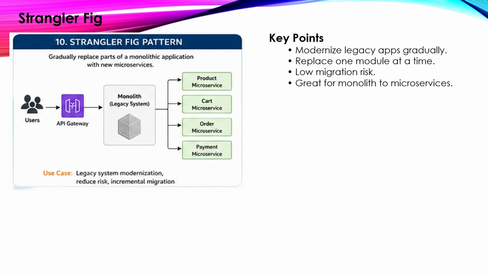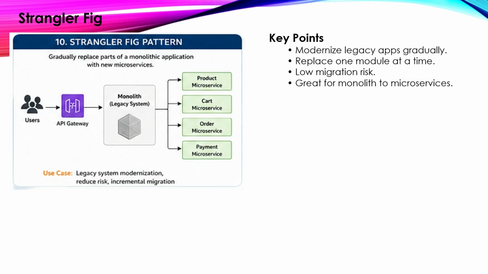The last one, Strangler Fig. This is also one of the good architecture patterns when we are migrating a legacy system into a modern architecture. So for example, Amazon was not built in a single day, right? Large companies often have a legacy system.